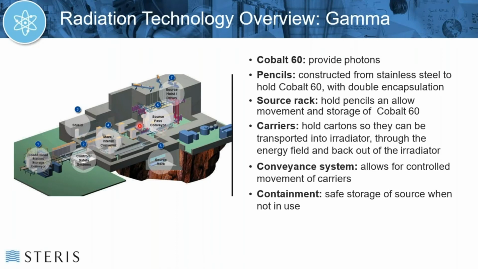With concrete again. And there's a plug up here for whenever we have to reload source, because again, we do experience source decay, so we have to replenish that every once in a while. And that gets plugged. We would drop the source in through there, they would load it up, and we would use it again.